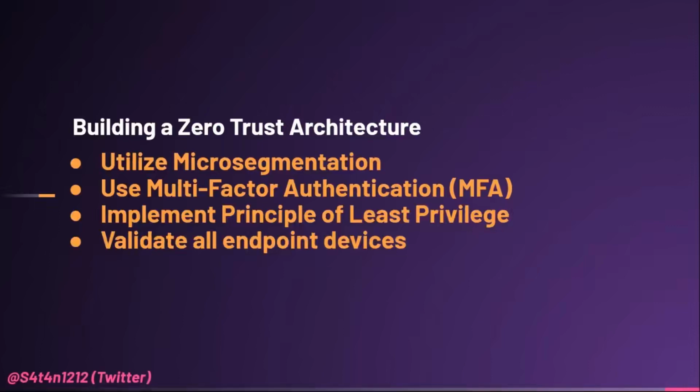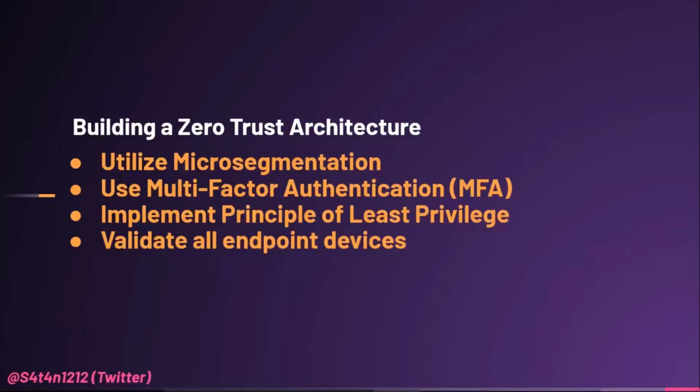Then we come to multi-factor authentication. Multi-factor authentication is the basic building block of an intelligent approach to network security. Properly used, it reflects the guiding principle of zero trust: never trust, always verify, and verify explicitly.